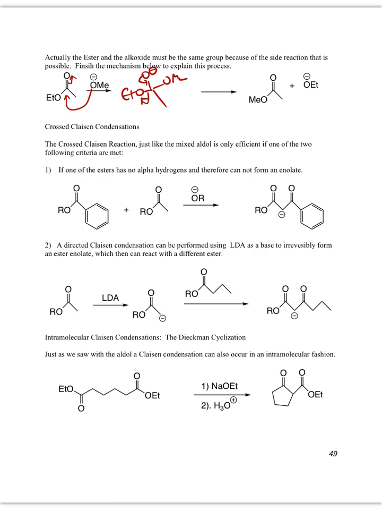Now the crossed Claisen is just like a mixed aldol in that we have to make sure only one of the esters has alpha hydrogens and one doesn't, so we don't get too many products. Or we use something like we used with the aldol, in that we have a strong base that makes the enolate without any equilibrium, so that there's nothing else that can happen. And that's what we show in these two.